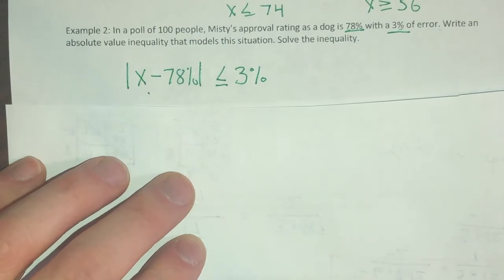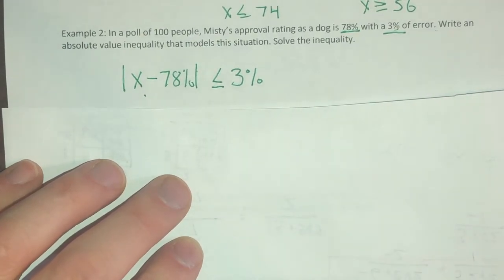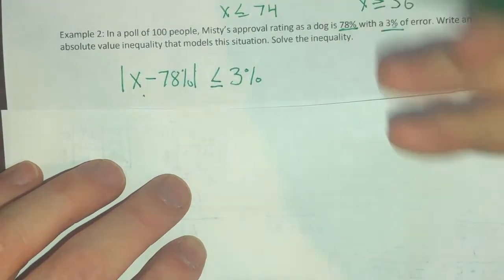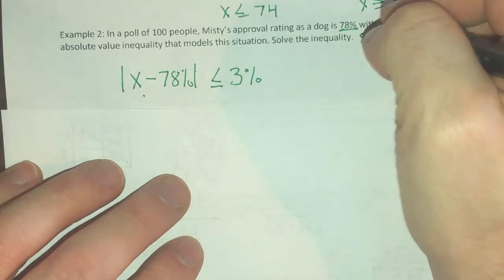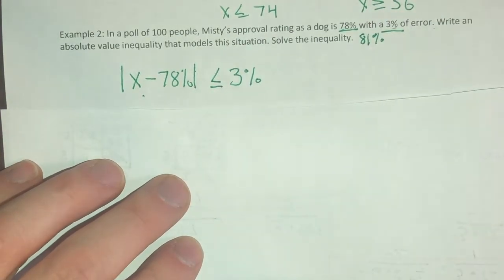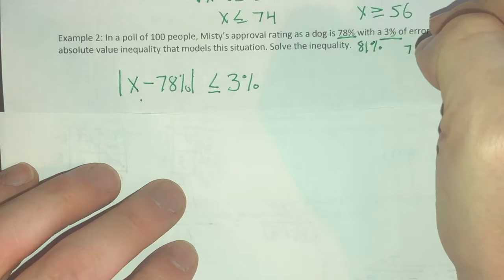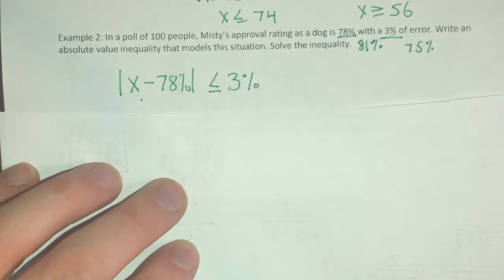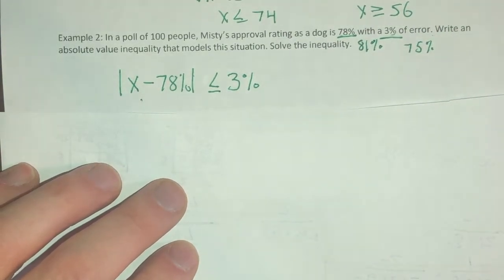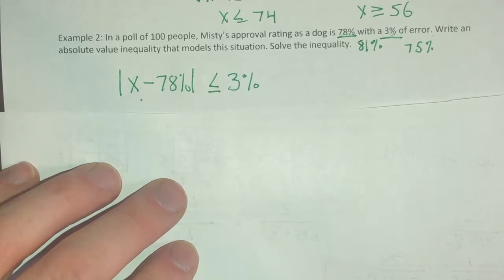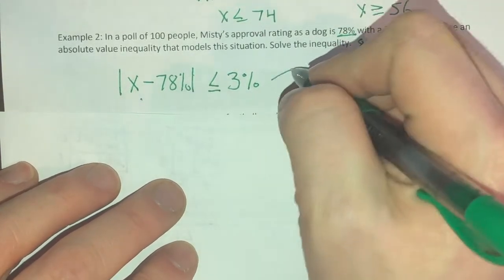So let's think about it. If I was 3% off, that means I could actually be as high as 81%, but I could also be as low as 75%. So the range has to indicate that in the final answer. And let's see if it does.